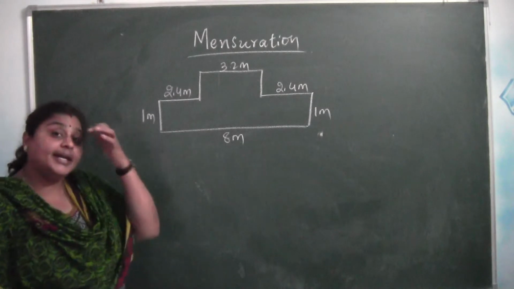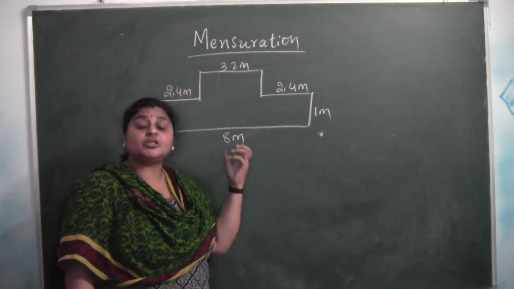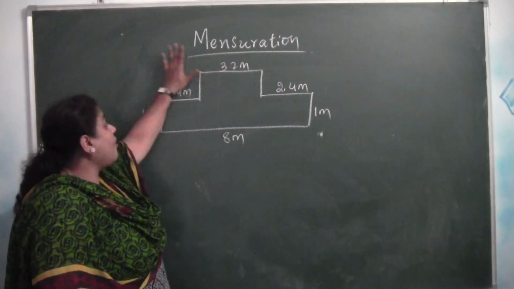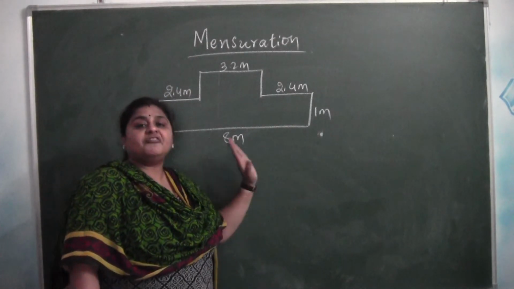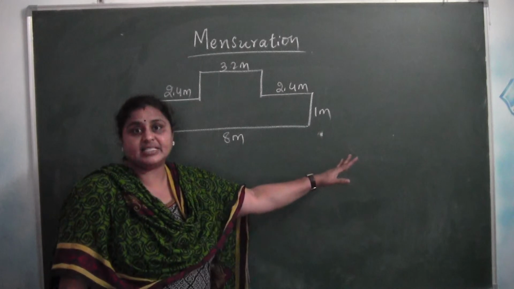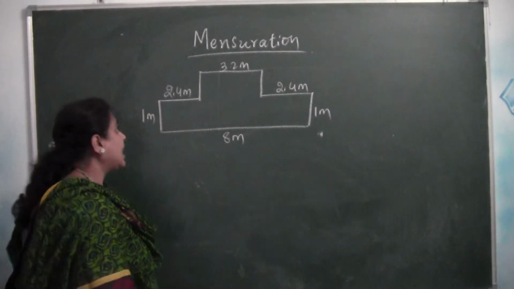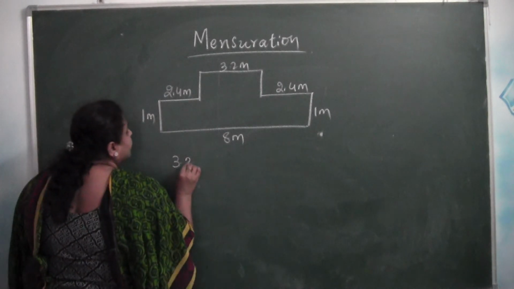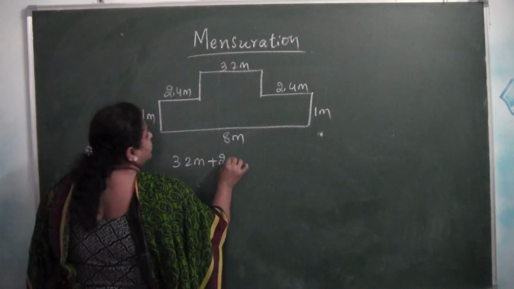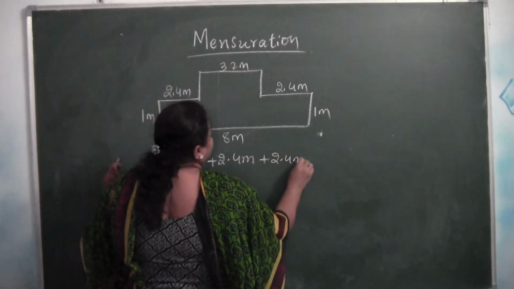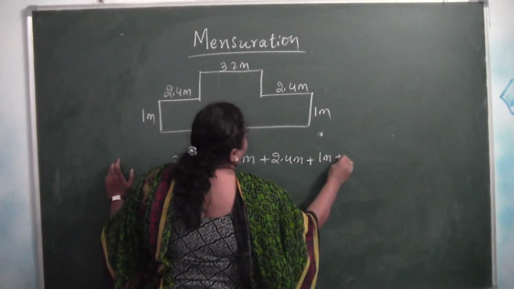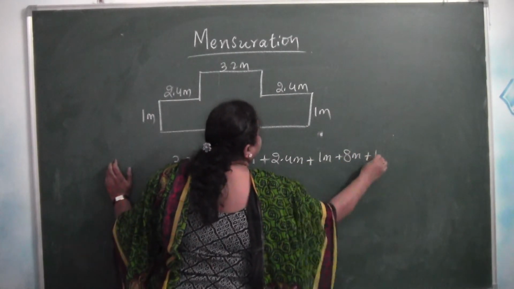So what did I say? What do you mean by perimeter of this closed figure? Sum of all the sides. Sum of the measurements of all the given sides is called the perimeter. I mean to say you add up all the things: 3.2 meters plus 2.4 meters plus 2.4 meters plus 1 meter plus 8 meters plus 1 meter.